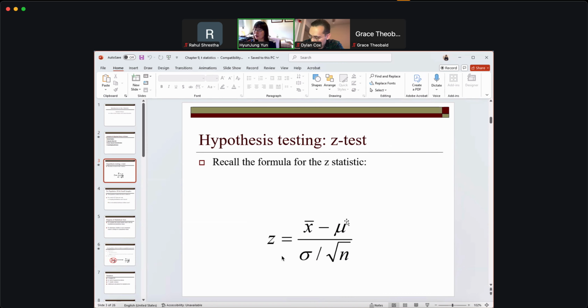And the population value you can mostly get from the established theory and knowledge out there. So usually we don't have a problem with the numerator of any statistical analysis, because that's a tangible number or a theoretical number we already know. But in most statistical analysis, the problem comes from the denominator.